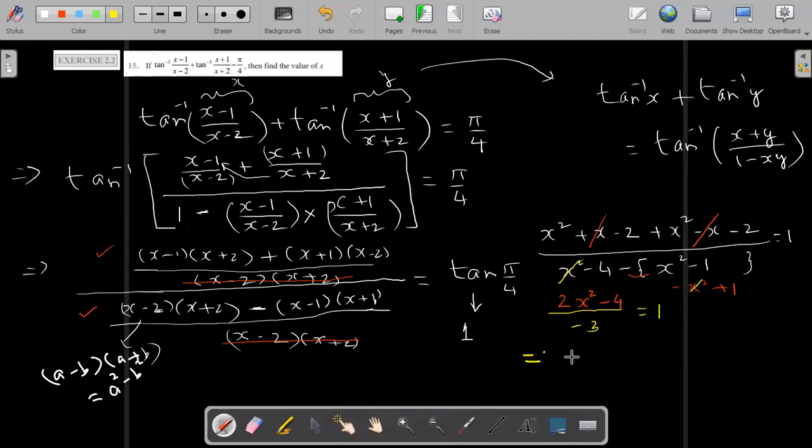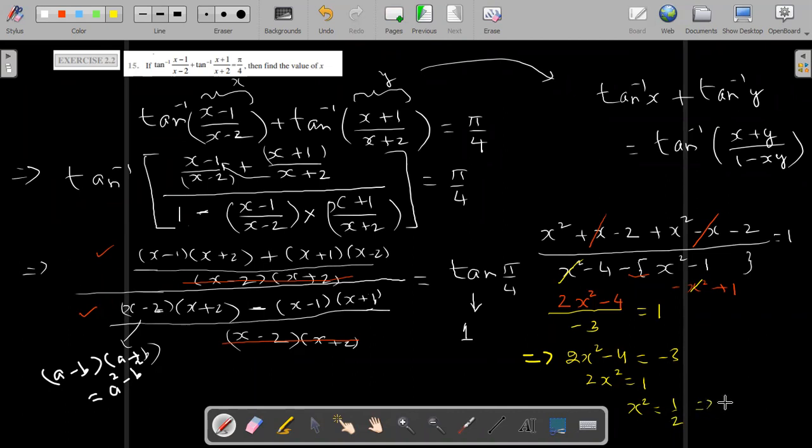Now solve: 2x square minus 4 is equal to minus 3 multiplied on the right hand side, and 2x square will be equal to 4 minus 3, that is 1, and x square will be equal to 1 by 2. When you take the square root on the right hand side, it will become x is equal to plus minus 1 by root 2, which is the answer. Okay, got it?